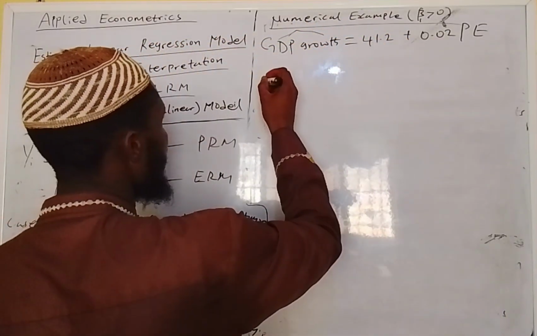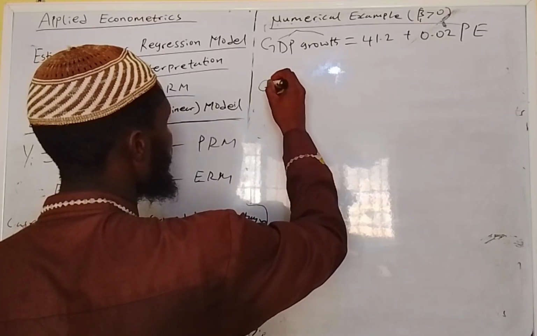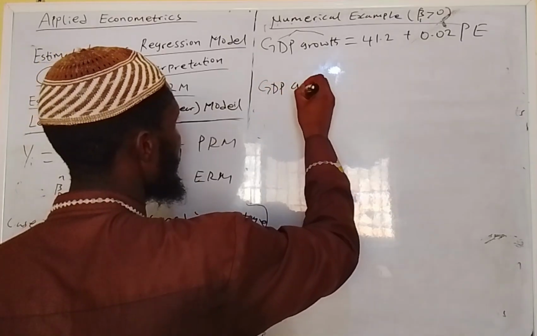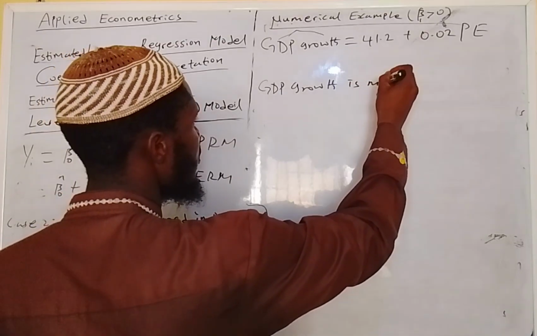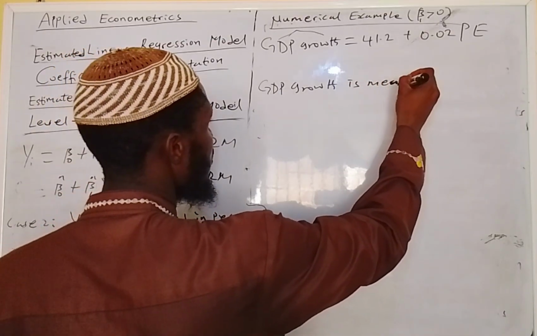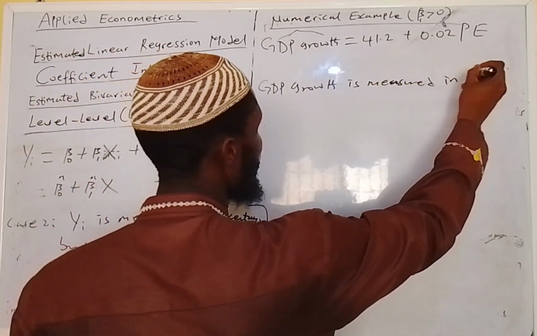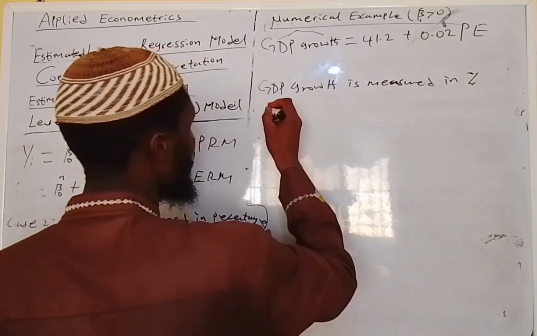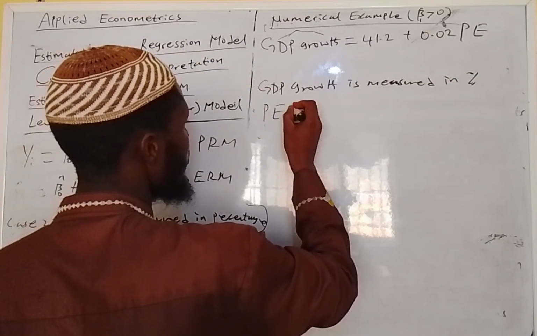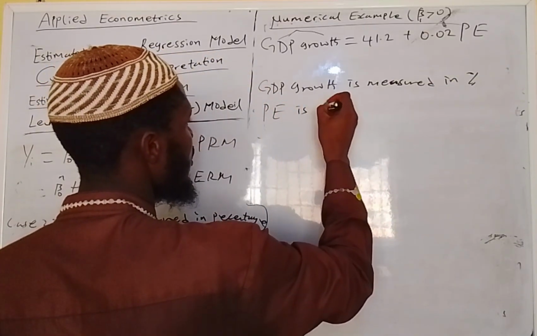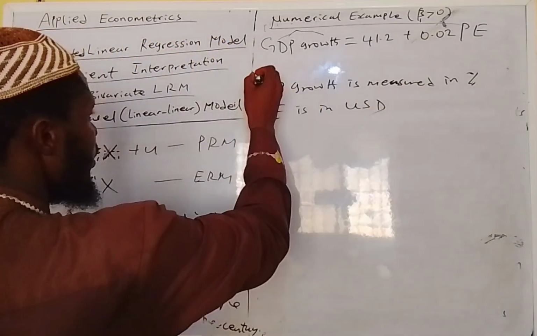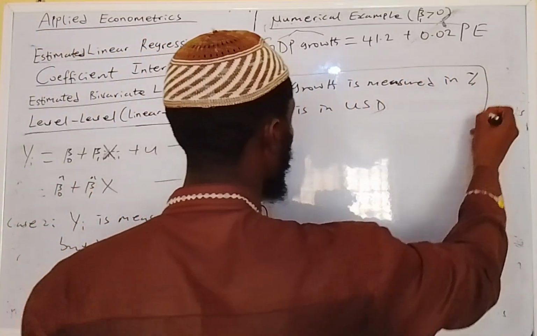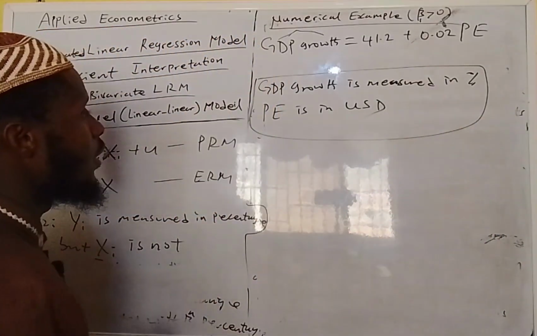So we know that GDP growth is measured in percentage, and we know that PE, public expenditure, is in USD. So how do we interpret this model?